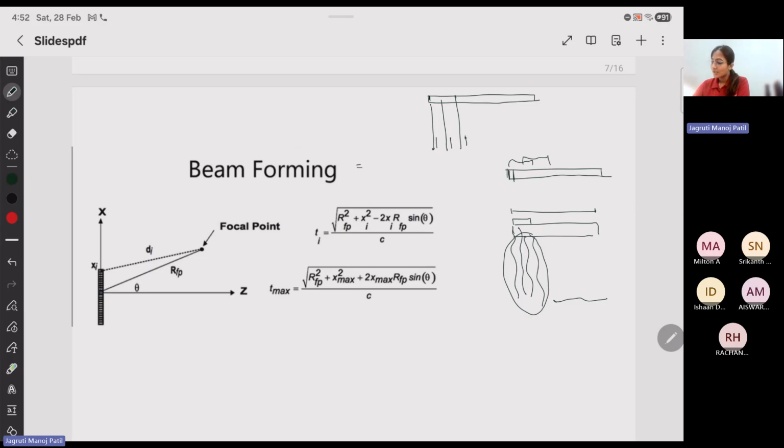So you are patching all the regions, moving the aperture, patching it up. I was trying to focus an image, and the amount of time it took the farthest element on the aperture to receive the signal is what is called beamforming.